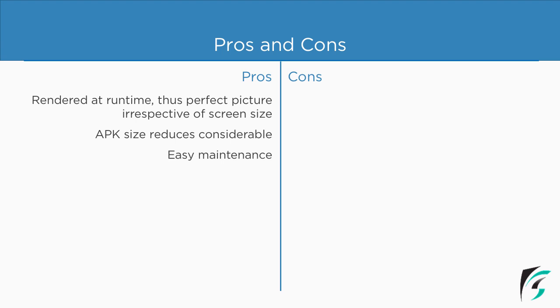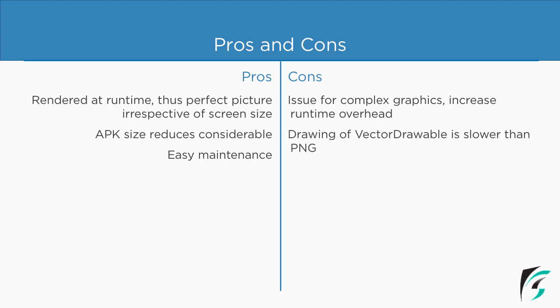Since we have a single file, that is an XML file, maintenance is easy. Now, the vector XML is created during runtime. So if there are complex graphics for the image that you are using, creating it at runtime will increase the runtime overhead and hence will make your app slow. Again, drawing a vector drawable is slower compared to PNG.